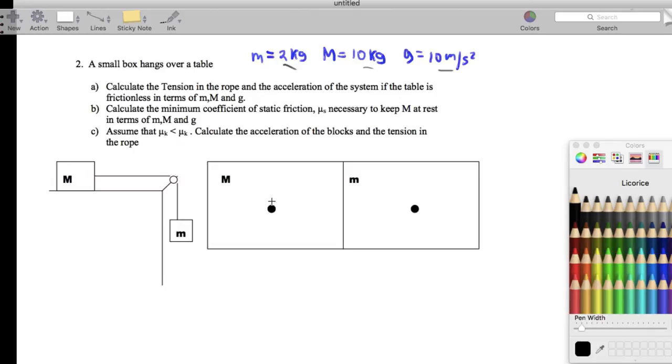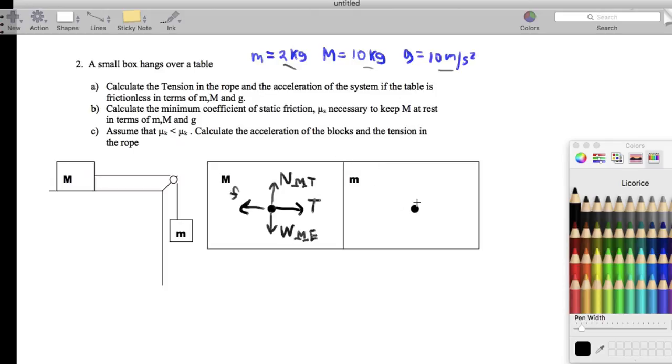So let's draw a free body diagram of this system. So we're going to have the normal force on big M due to the table. We're going to have the weight or the gravity force on big M due to the Earth. We have the tension pulling big M forward. And we have a friction force going backwards.